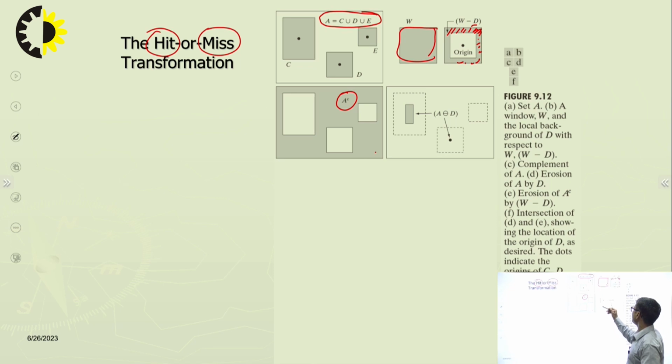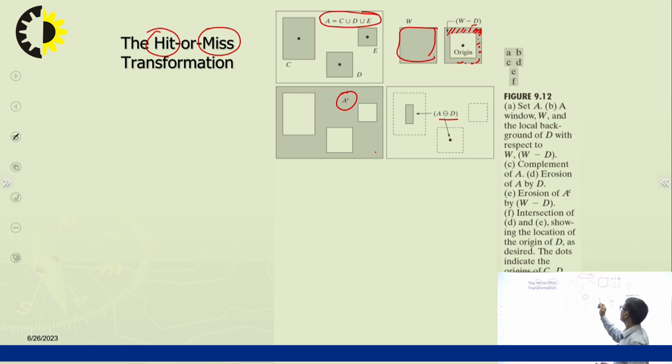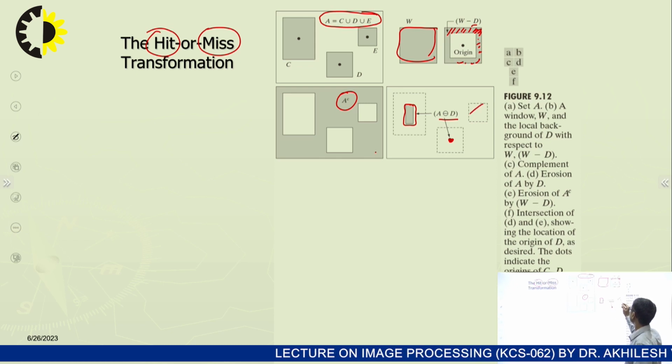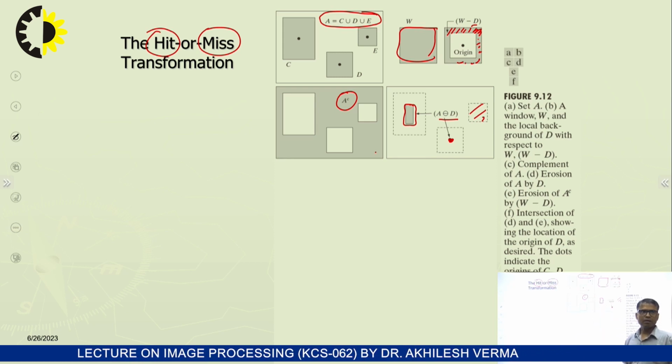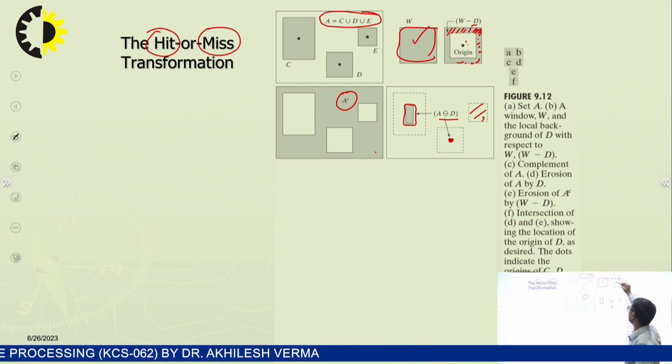So we apply A erosion D, what will we get? We will get an object boundary which is eroding this particular area and also this particular area. D we are getting as input, and this is finally removed. But what we are saying here is we are doing the operation on A complement or A, depending upon applying W or W minus D.